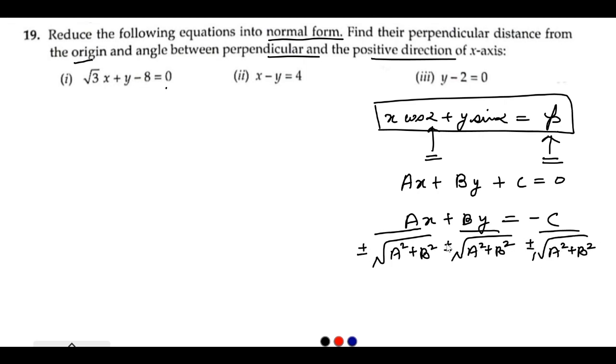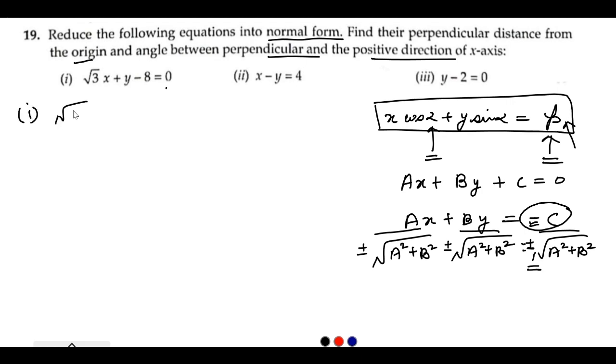You can take either positive sign or negative sign, depending on this. P must be positive. Length of perpendicular is always positive. So according to this sign, you can take positive or negative. If c is negative, then you have to take negative, then p will be positive. If c is positive, then you have to take positive sign.